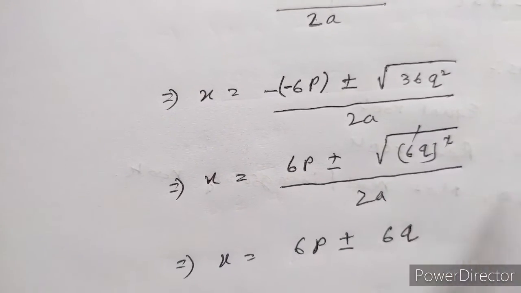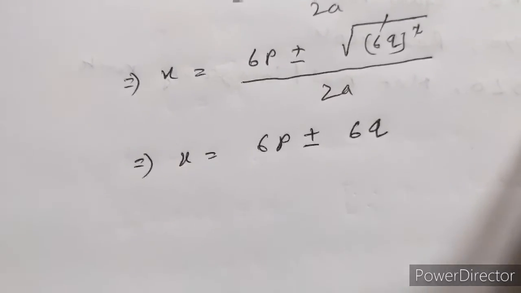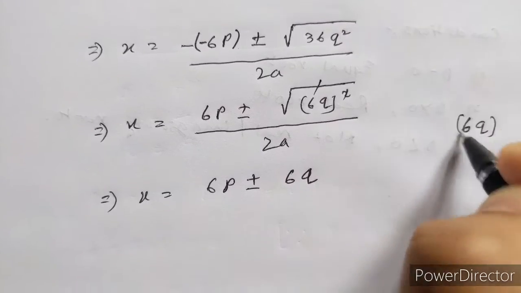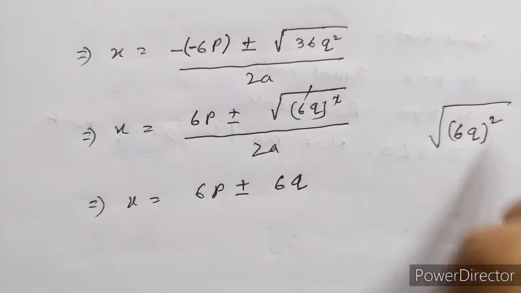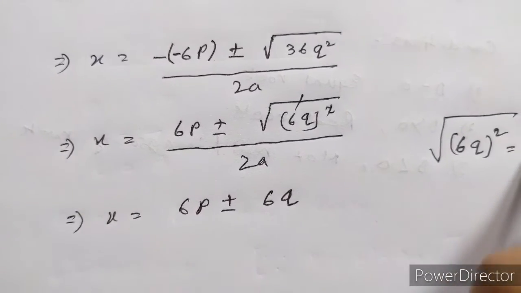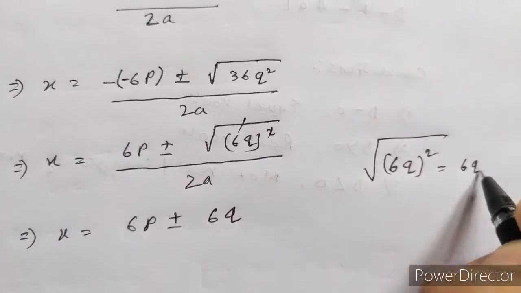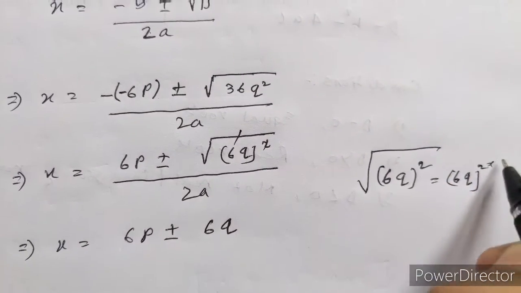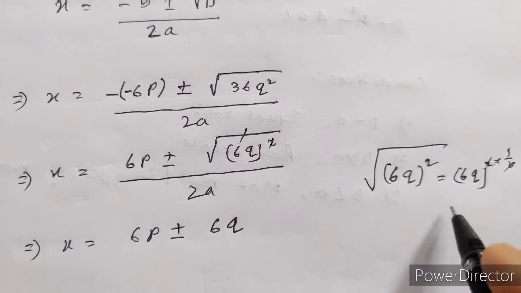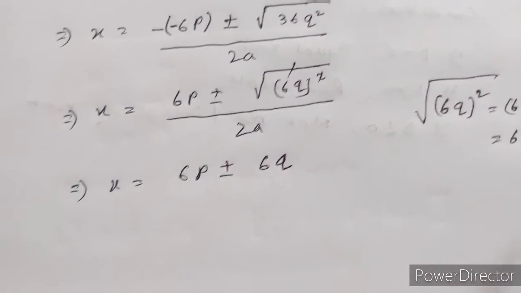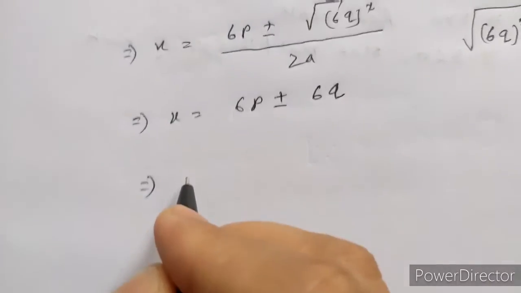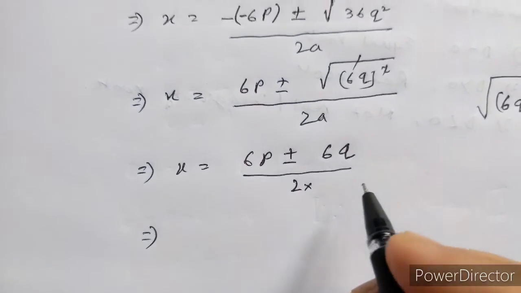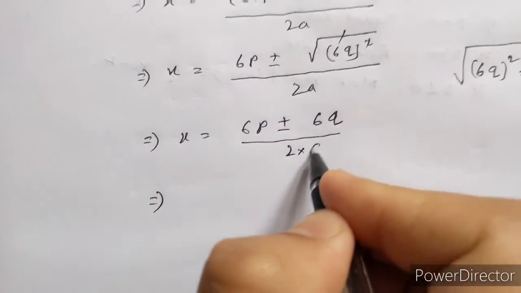Why this will be cancelled? Because the meaning of root over 6q whole square is 6q whole square to the power 1 by 2. So this will be cancelled out. So it will remain 6q. So divided by 2 into the value of a is 9.